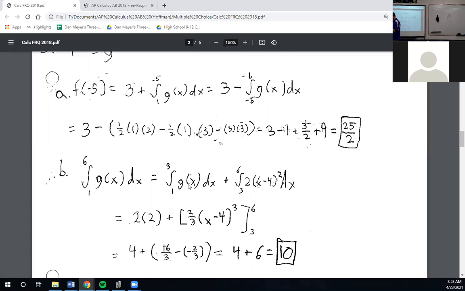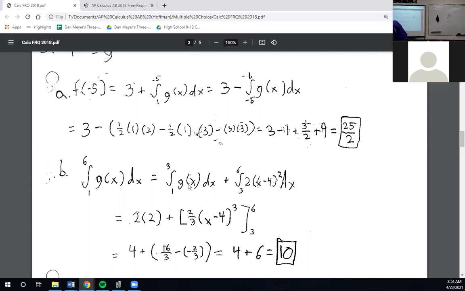Part C, when is the graph of f both increasing and concave up? Again, I'll talk about point values in a second, but you should put your explanations and reasoning here in terms of the graph of g. Whatever graph or whatever function they give you is the function that you should put your explanation in terms of.